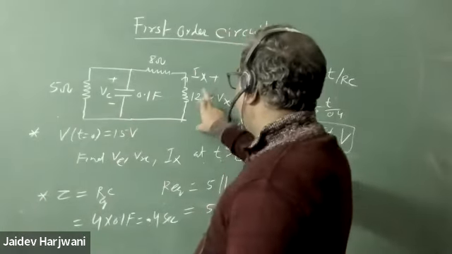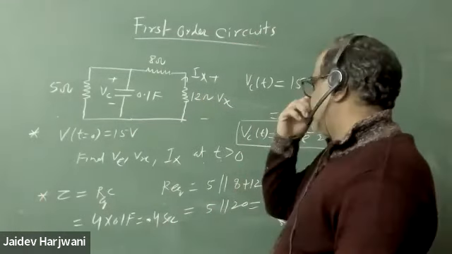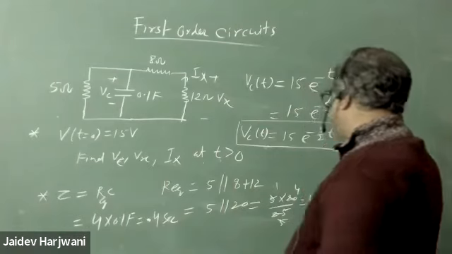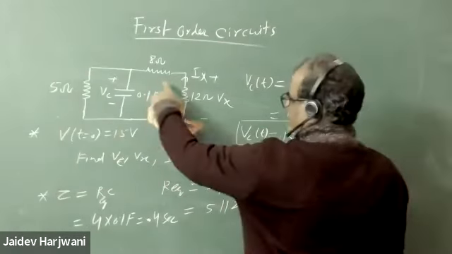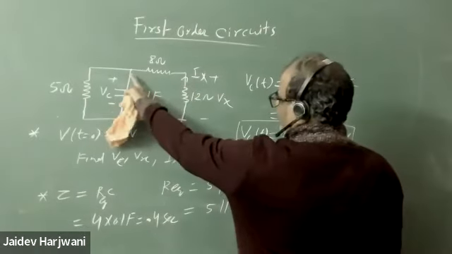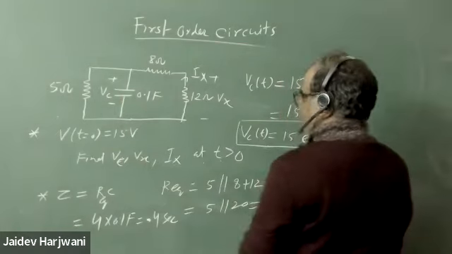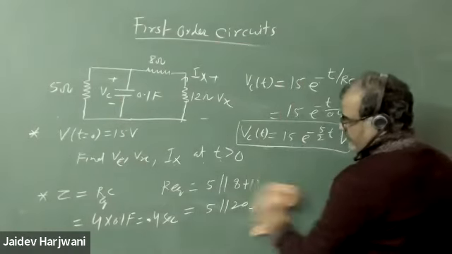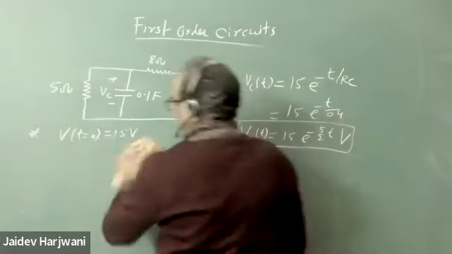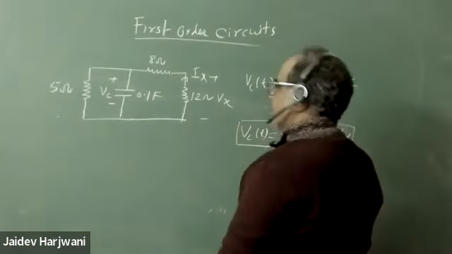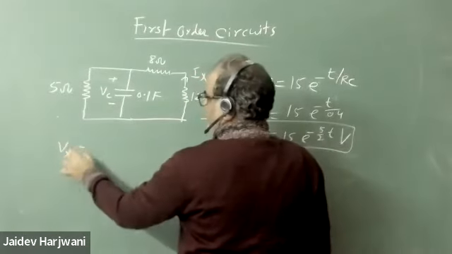Now I need to find what is Vx. Let me now calculate Vx. You know KVL, this potential will be divided between these two resistances. Vx is the voltage across the 12 ohm.